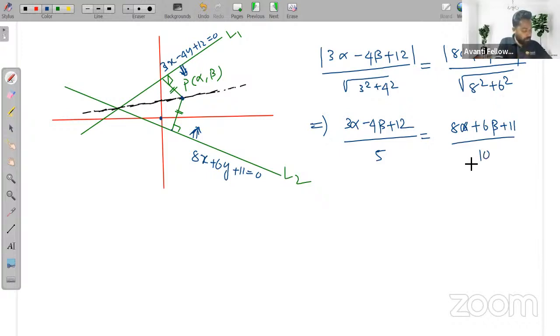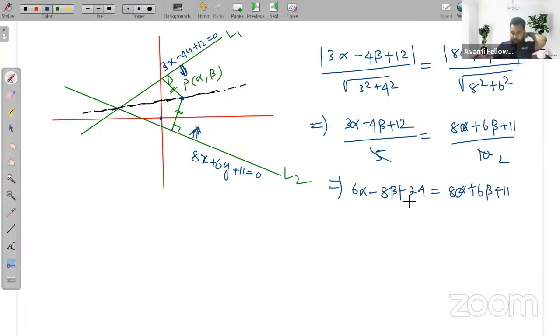Yes. Now if we simplify it further, what will we get? That is 2 into 3 alpha, that is 6 alpha minus 8 beta plus 24 is equal to 8 alpha plus 6 beta plus 11.